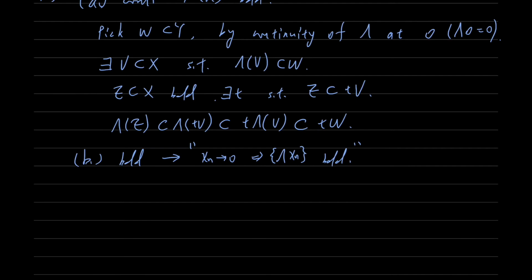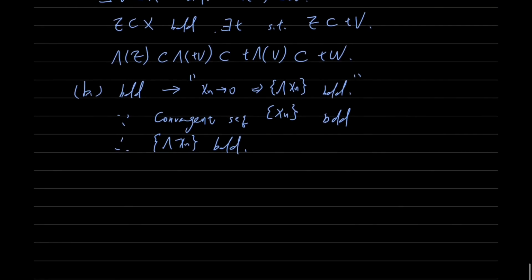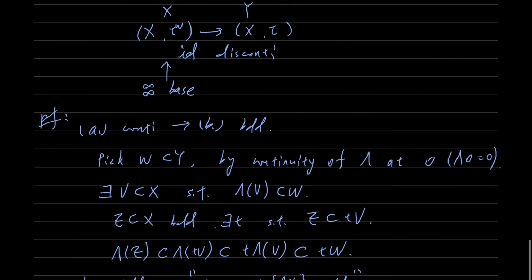We proved that every Cauchy sequence is bounded. So because a convergent sequence is bounded, by the boundedness of the operator, the image is also bounded by the definition of the boundedness of an operator. So we finished the first part.